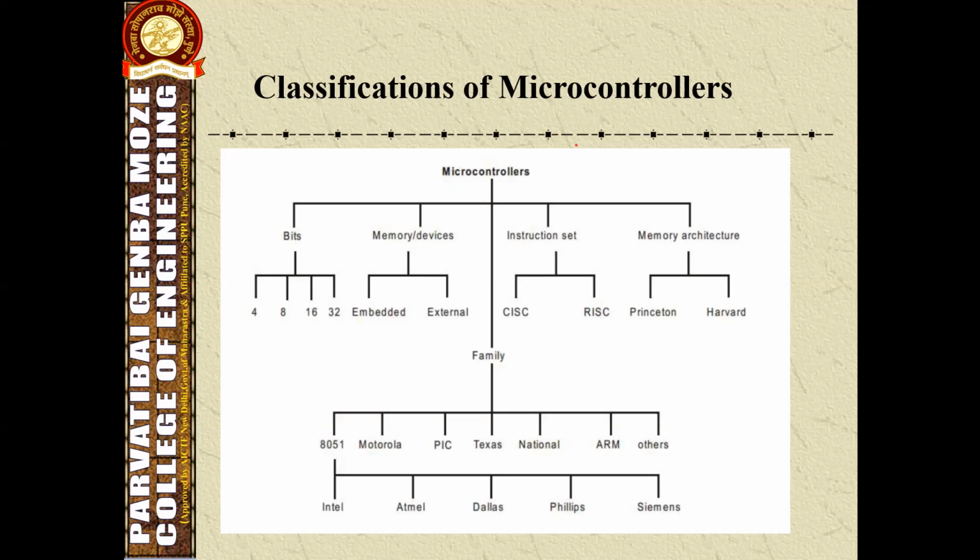Intel introduced the 8-bit microcontroller 8051 in 1981. It has 128 bytes of RAM and 4 kilobytes of on-chip ROM, with 2 timers, 1 serial port and 4 I/O ports on the chip. 8051 is an 8-bit processor.